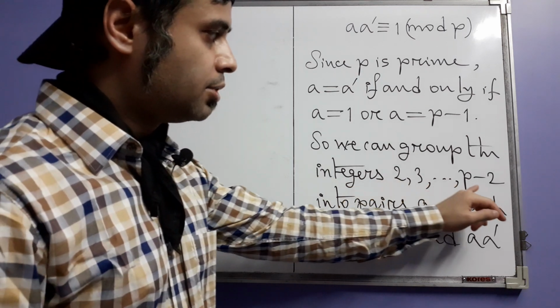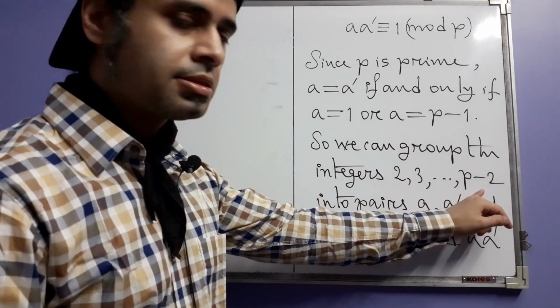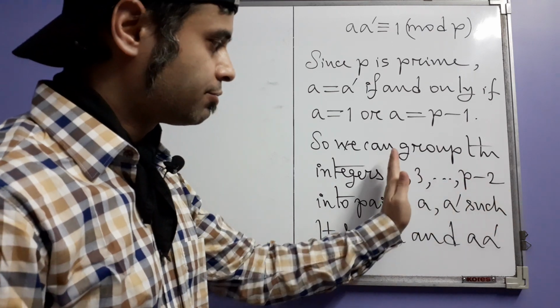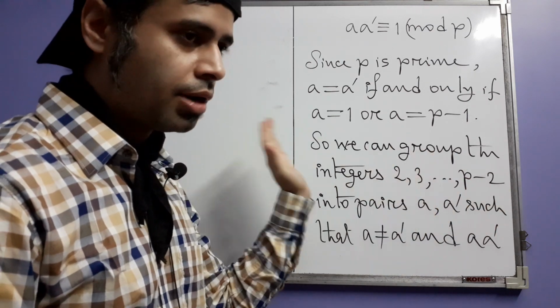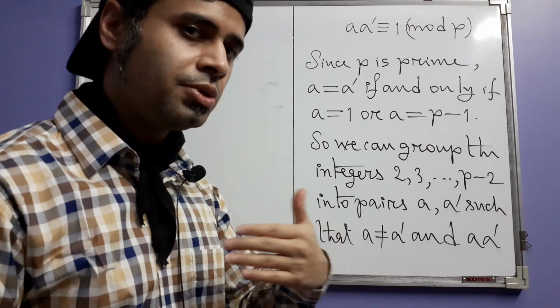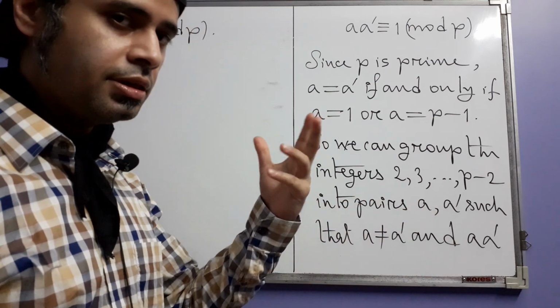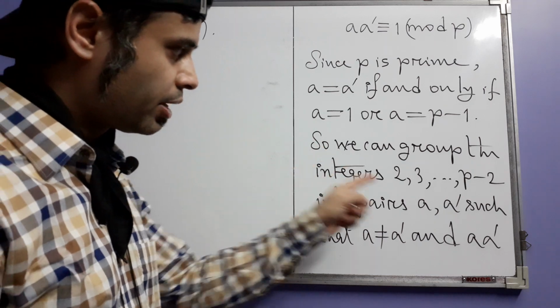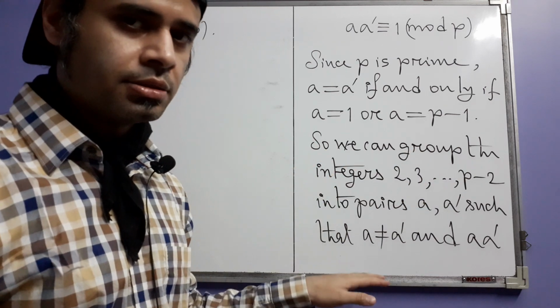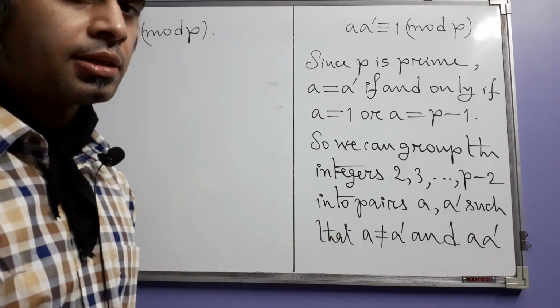How many elements do we have in this list? P minus 3, because we have removed 1 and P minus 1 from those P minus 1 integers. So, P minus 3 divided by 2 pairs are present here of this type. So, that many congruences are there.